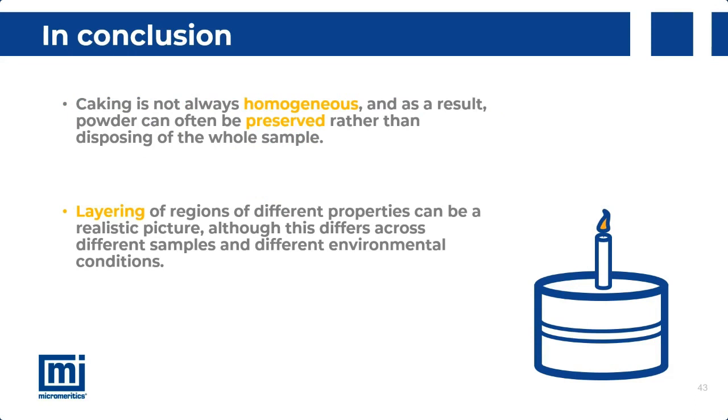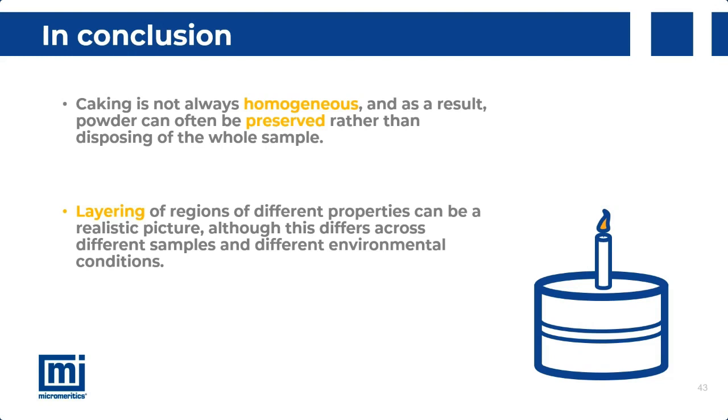This detailed, bed-wide analysis allows us to understand more than just the degree of caking, but also how different points throughout the powder bed are affected, which allows us to make more informed decisions regarding preservation or disposal of our caked powders.